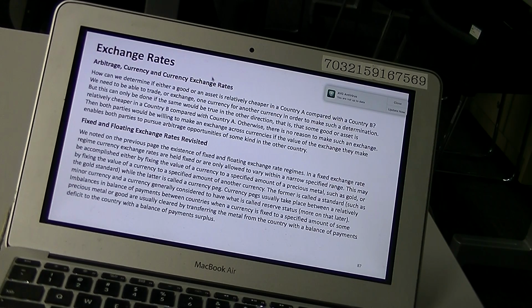Now, what's different about a peg is, for example, the Hong Kong dollar is pegged to the US dollar, but that means it floats against all the other currencies. So the Hong Kong government does what is needed to keep the Hong Kong dollar and the US dollar the same.